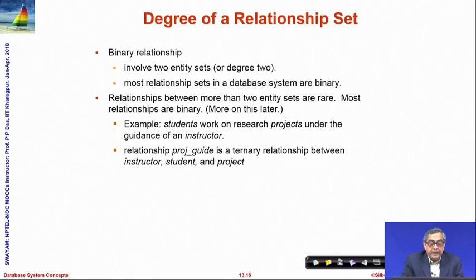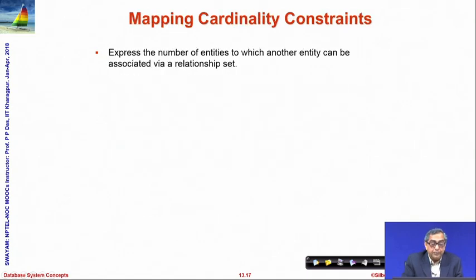So, here are examples: students work on research projects under the guidance of an instructor. Here we have students, research projects and instructors. So, there are three entity sets. If I want to maintain a relationship of, say, project guidance between them, then that turns out to be a ternary relationship. We will talk about this more later.